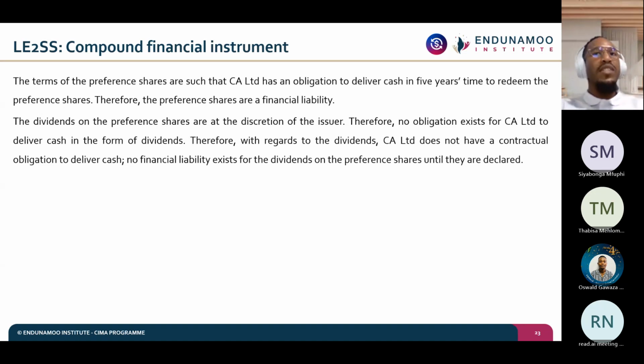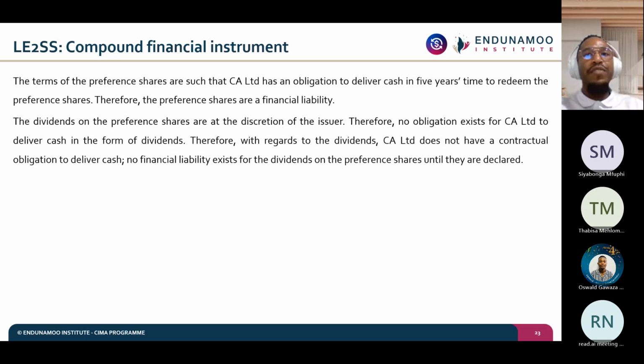So with regards to the dividends, CA Limited does not have a contractual obligation to deliver cash. There's no financial liability that exists for the dividends on the preference shares until they are declared. It's only once the preference share dividends are declared that they become a financial liability.